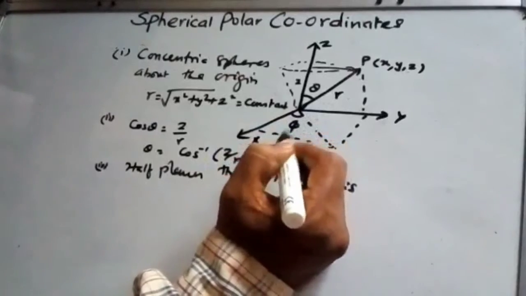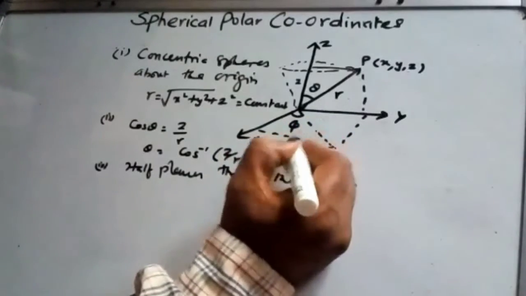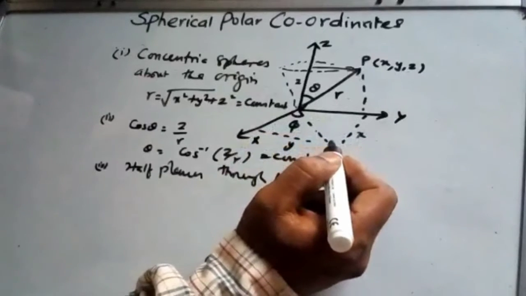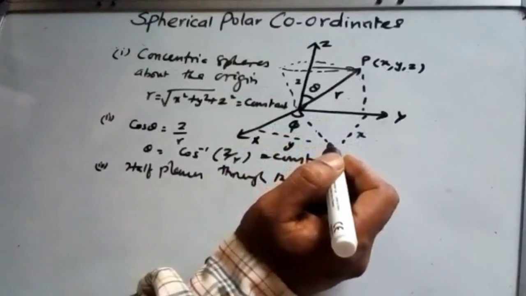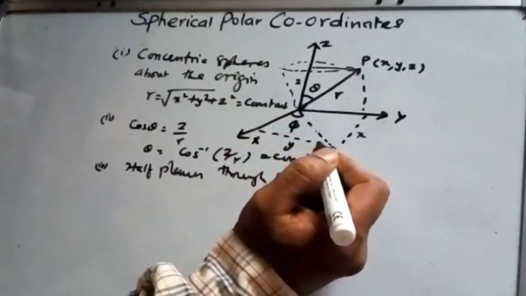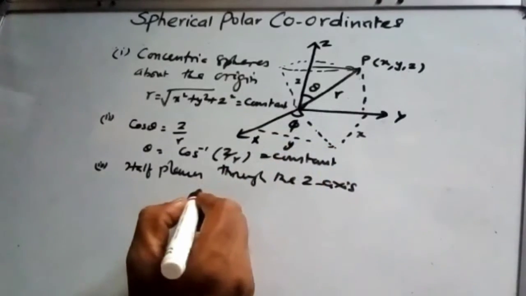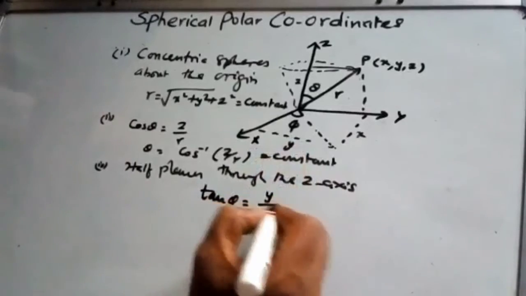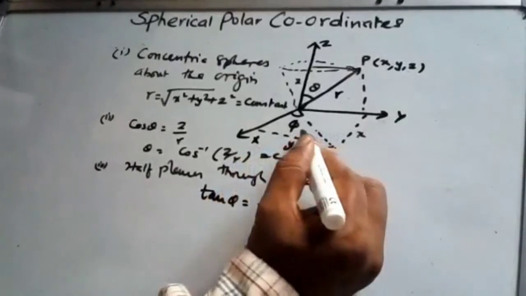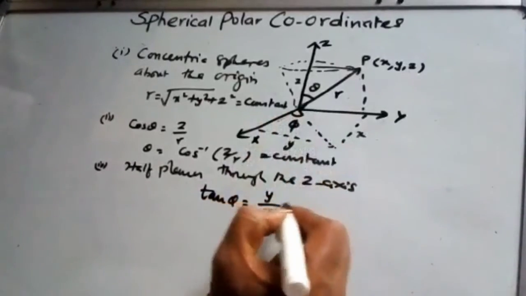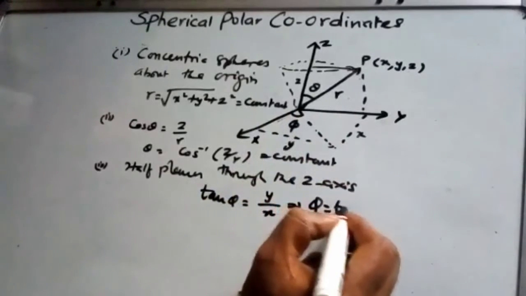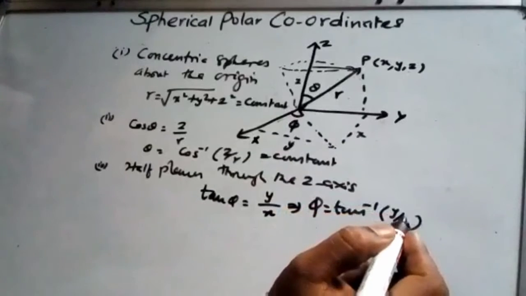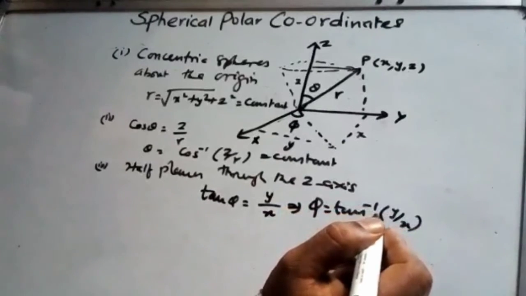The opposite side is the y value, parallel to the y axis, and the adjacent side is the value of x. Then we can get tan phi equal to opposite y by adjacent x. Then phi equal to tan inverse of y by x. So phi equal to tan inverse of y by x.